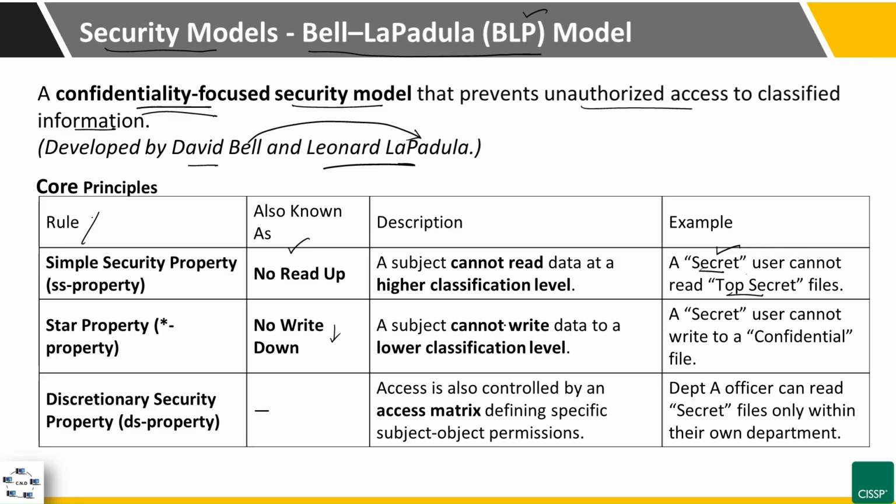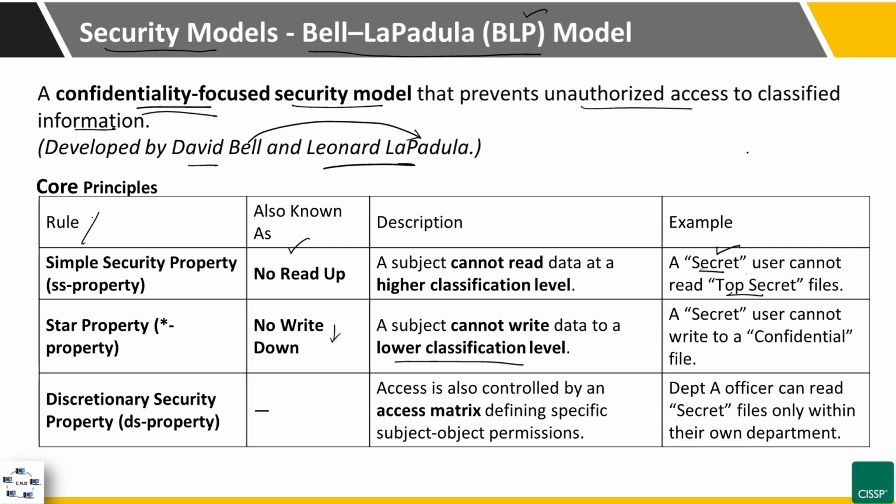Next is the star property: no read up, no write down. A subject cannot write to a lower classification level. What does this mean? Let's suppose a secret user, which is a higher classification than a confidential classification, cannot write to a confidential file.